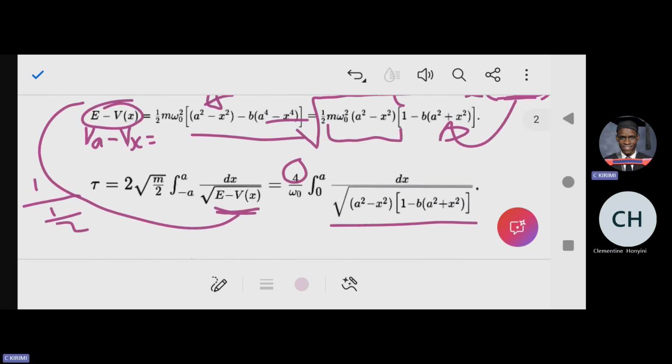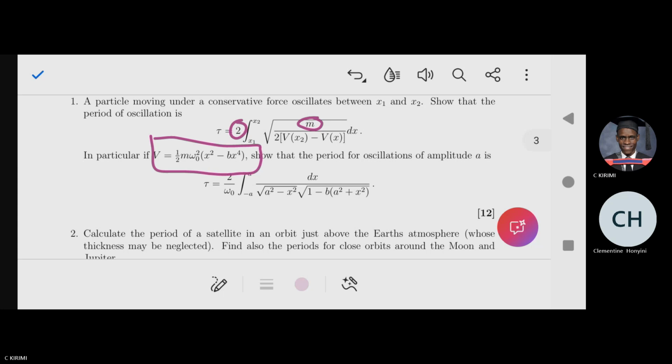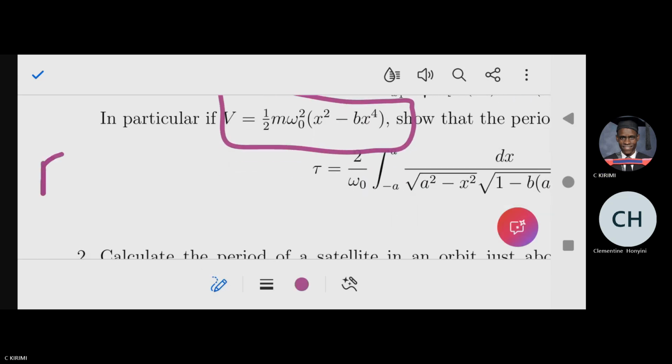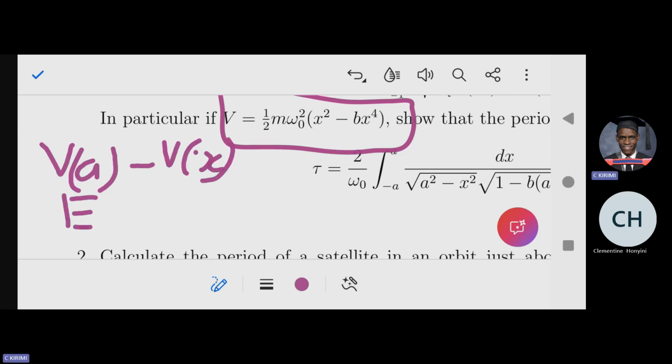So we are saying from our integral, it's minus a to a, which is this one. So I said, if it's minus a to a, that integral, already we have evaluated what is e, which was v of a minus v of x, which was the same as e minus v of x, which was under the square root sign.